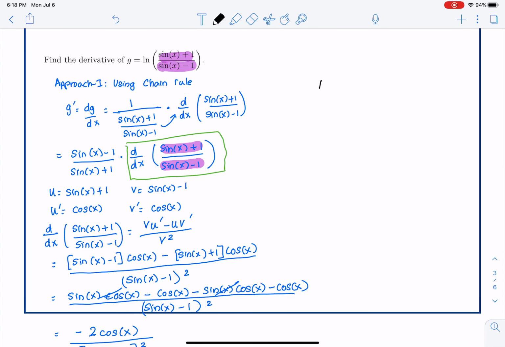And here is approach 2. Approach 2 is going to make use of the properties of logarithmic functions. So what do we have here? ln of sine x plus 1 divided by sine x minus 1.